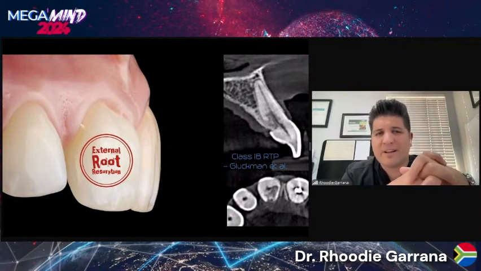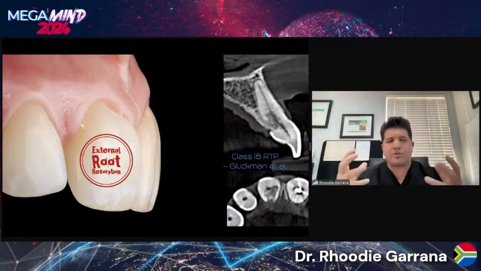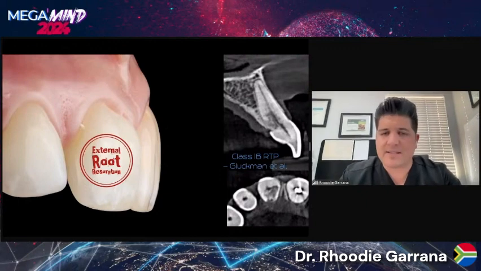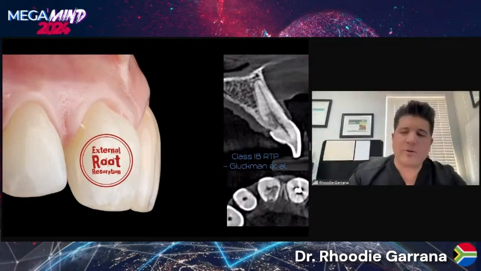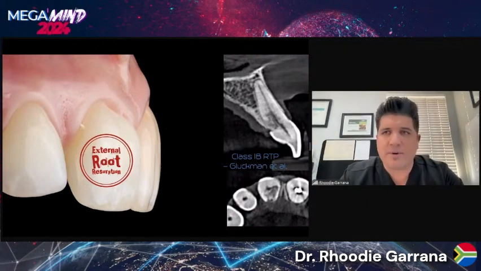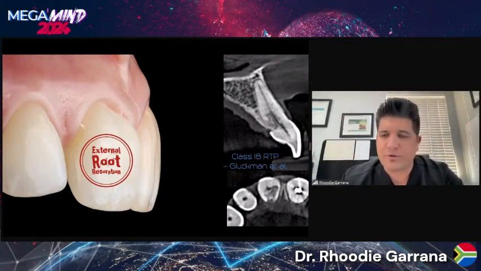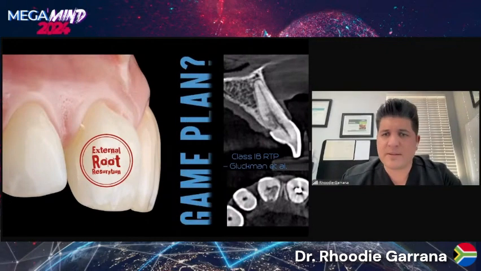And this is significant because I find it's one of the most important things we can do when we start assessing cases, is try and understand the field that we're working in before we blindly apply treatment protocols to these patients.